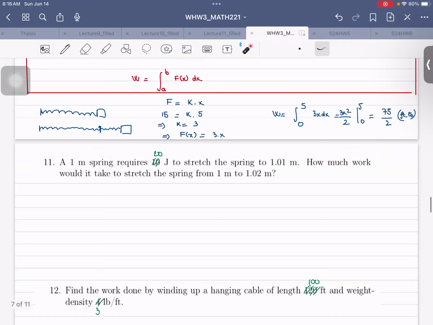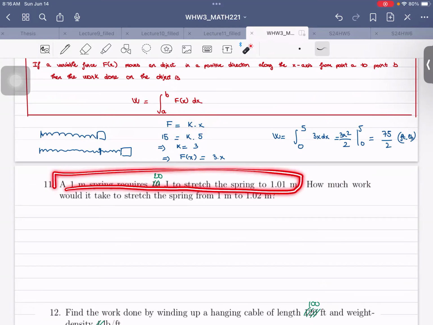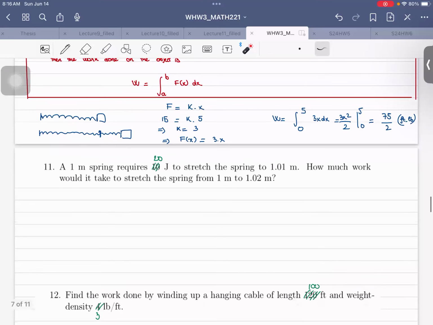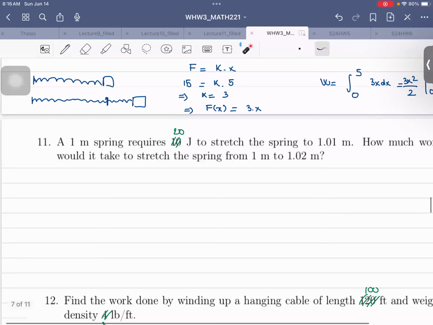But if you want to do that, you have to know the general formulation for your spring force, and for that you have to know the spring constant. So the question gives you some information to help you find the spring constant. Initially, the question says that the natural length of the spring is 1 meter.